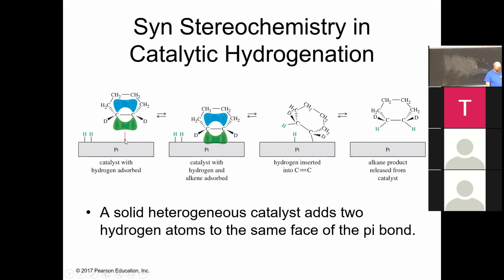It also binds the alkene, and it adds the two hydrogens one at a time. So we mostly get the hydrogens added cis. We may get a little bit of trans, if this happens to roll over before we add the other hydrogen, but mostly we'll get the syn addition.